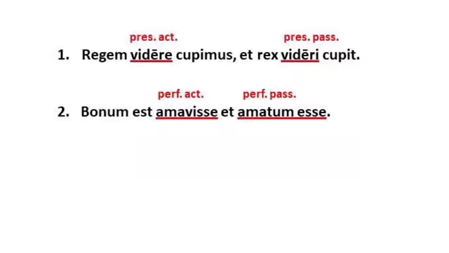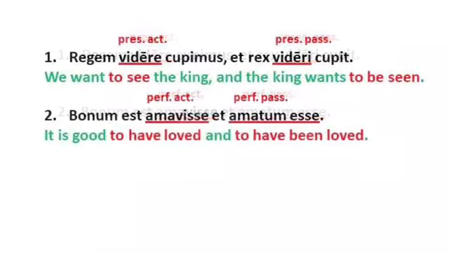Now take a moment and see if you can figure out the translation. Pause the video while you do so. You should have come up with, we want to see the king, and the king wants to be seen. And for number 2, it is good to have loved and to have been loved.